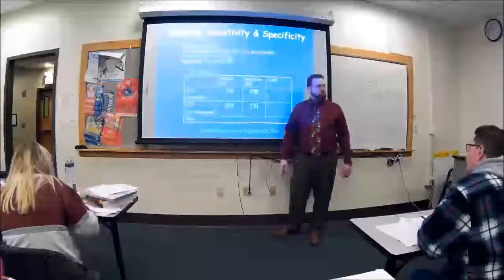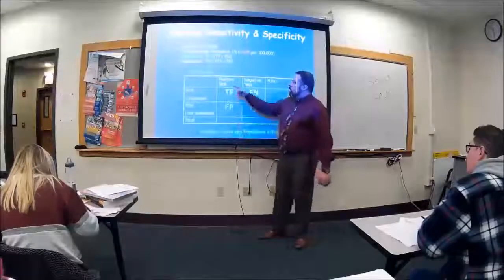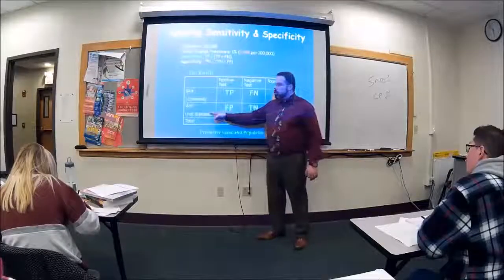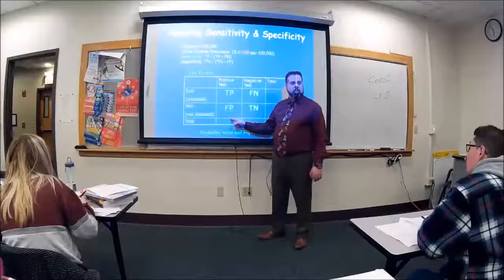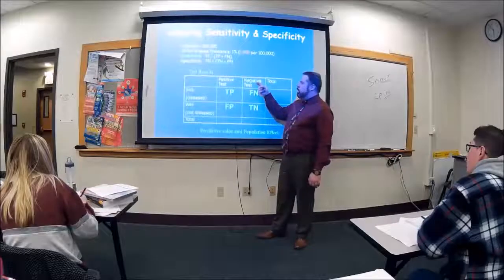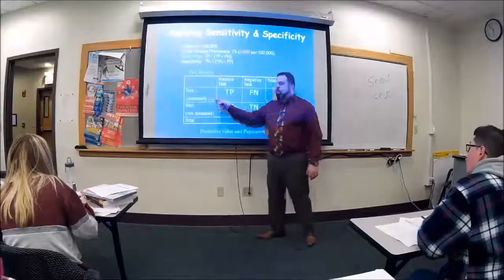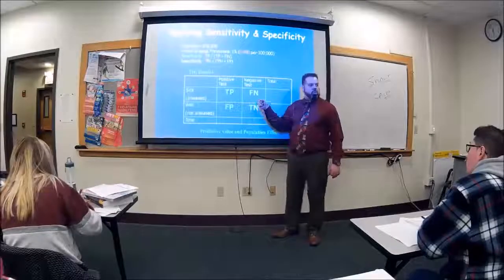That makes sense, right? You could have a positive test with no disease. That's our false positives. And then a negative test where you actually have the disease, that's our false negatives. You see where I'm getting all this?